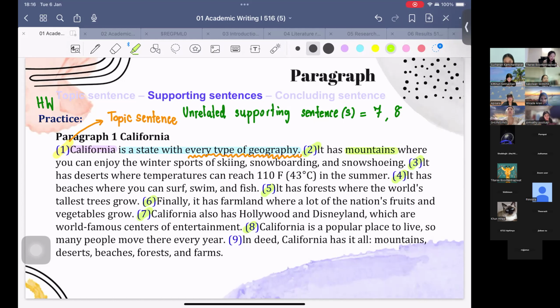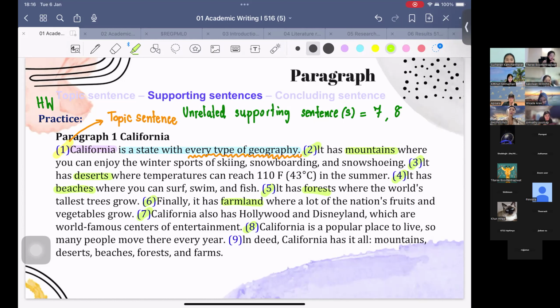Sentence number 3 would be deserts. Sentence 4 explains about the beach, where you can surf and swim and fish. Sentence 5, forest area, which is definitely one type of geography. Sentence number 6, finally, is farmland. So numbers 2, 3, 4, 5, and 6 definitely explain the different types of geography.